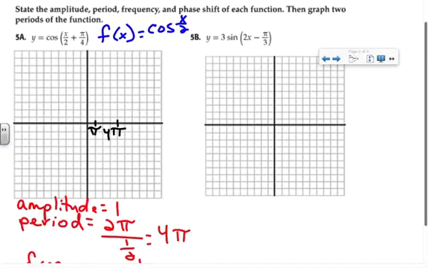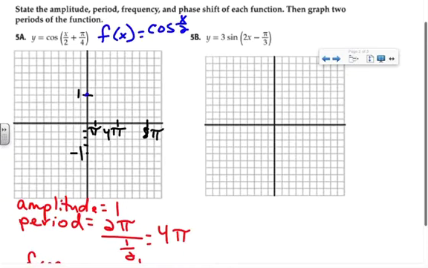So 4, 5, 6, 7, here's 8 pi. And let's start with, I'm going to make this positive 1 and that negative 1.